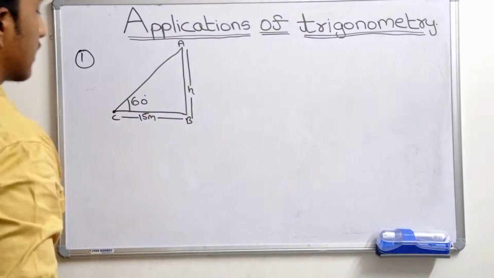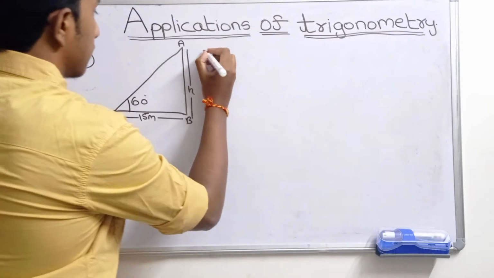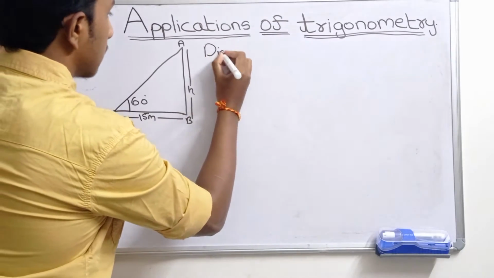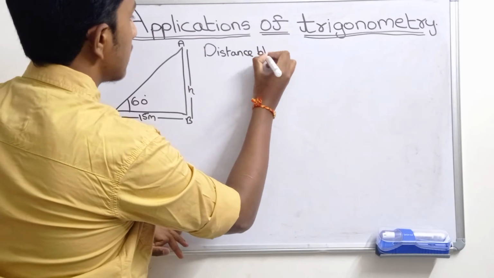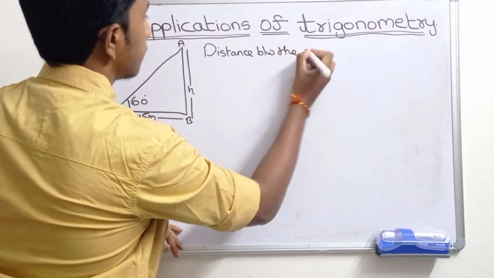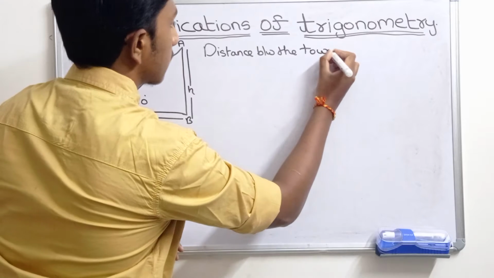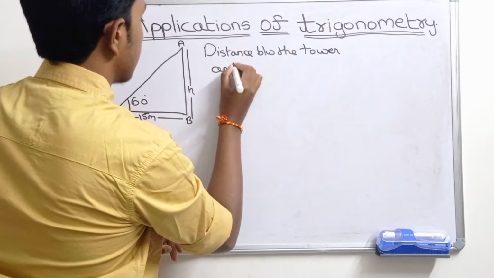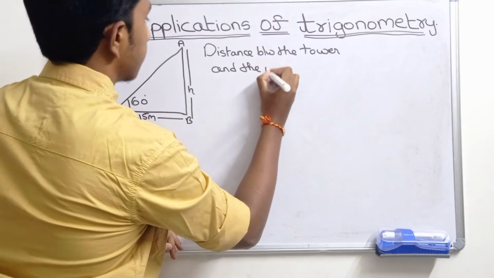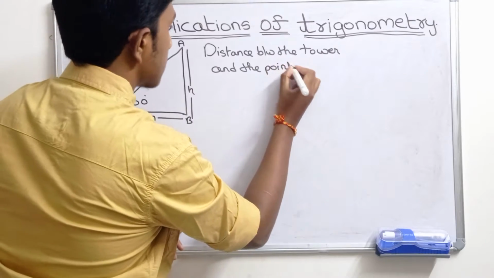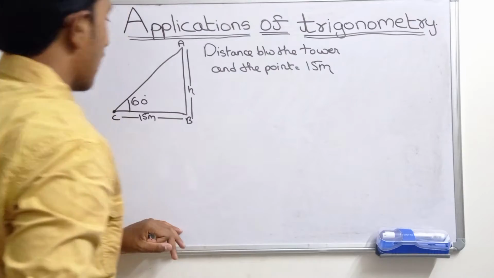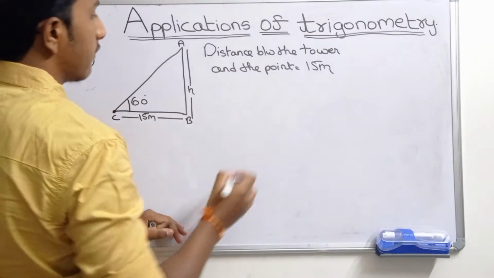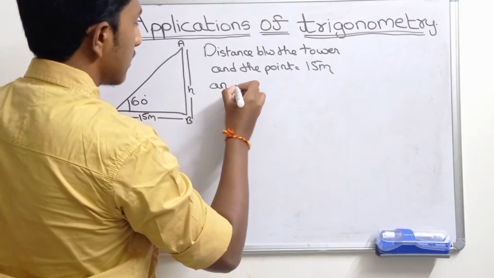First, I write the given data. Distance between the tower and the point is equal to 15 meters, guys. And shall we consider the angle of elevation as theta?